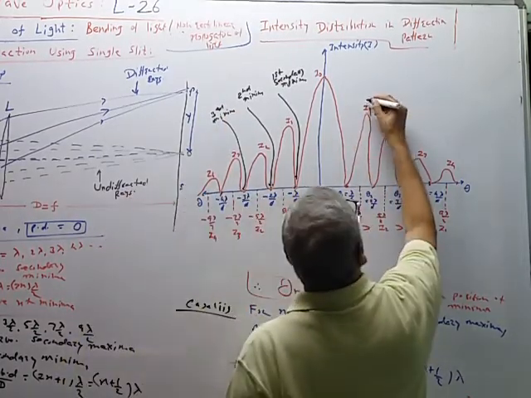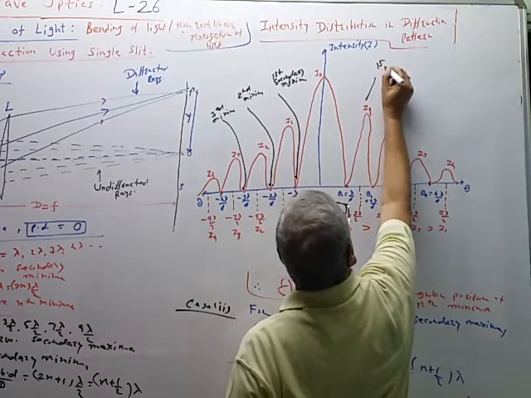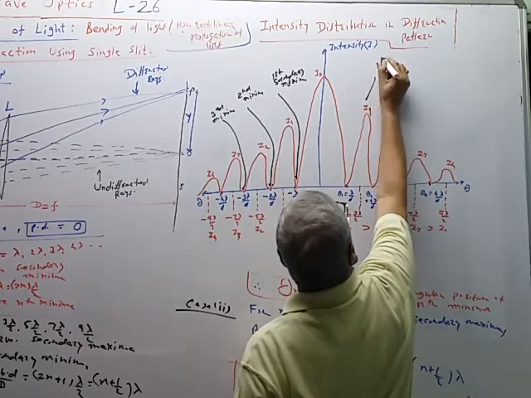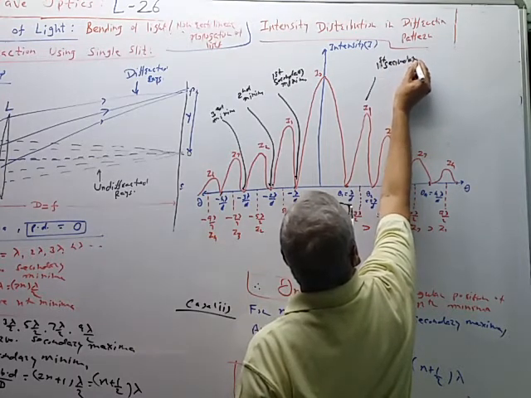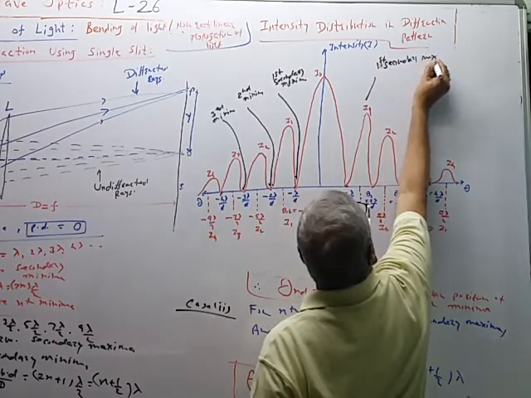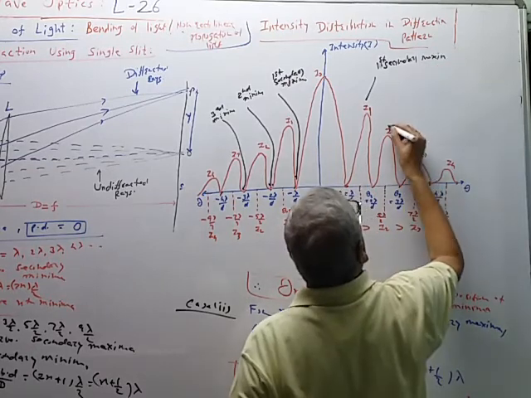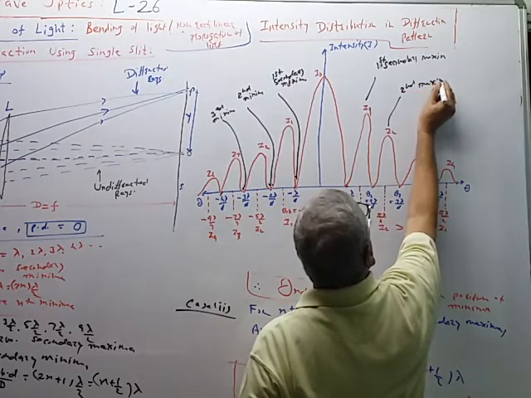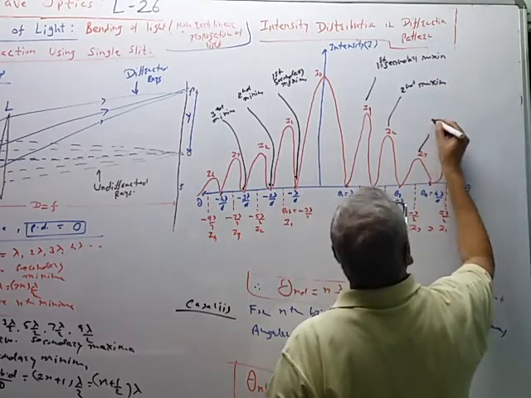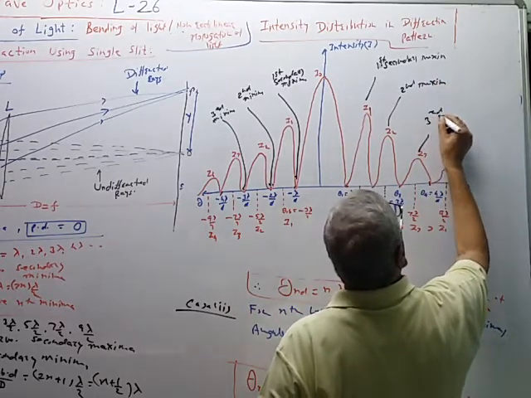Now on this side, this is the first secondary maximum, I1. This is the second secondary maximum, I2. This is the third maximum.